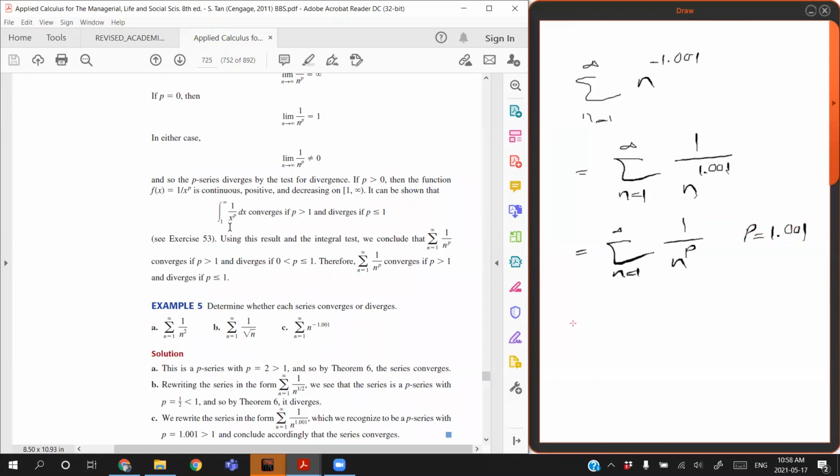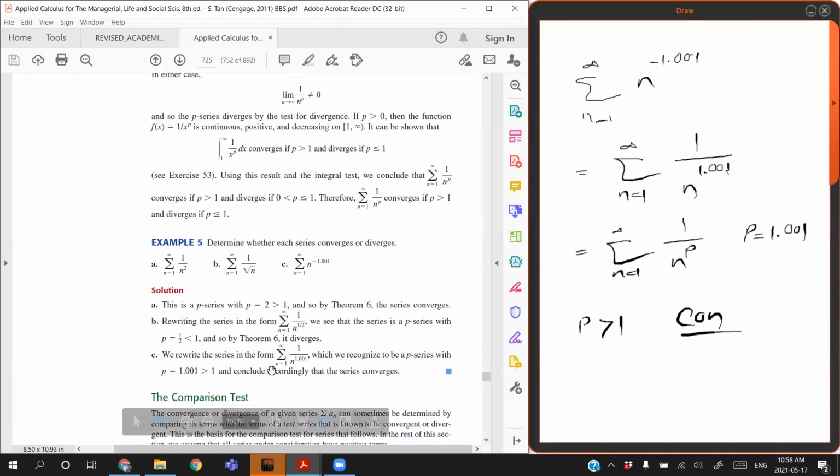So since this is a P series and P is greater than 1, it will be convergent. So we rewrite this in this form, and then we recognize that this is a P series. And since P is greater than 1, we conclude that this series is convergent.